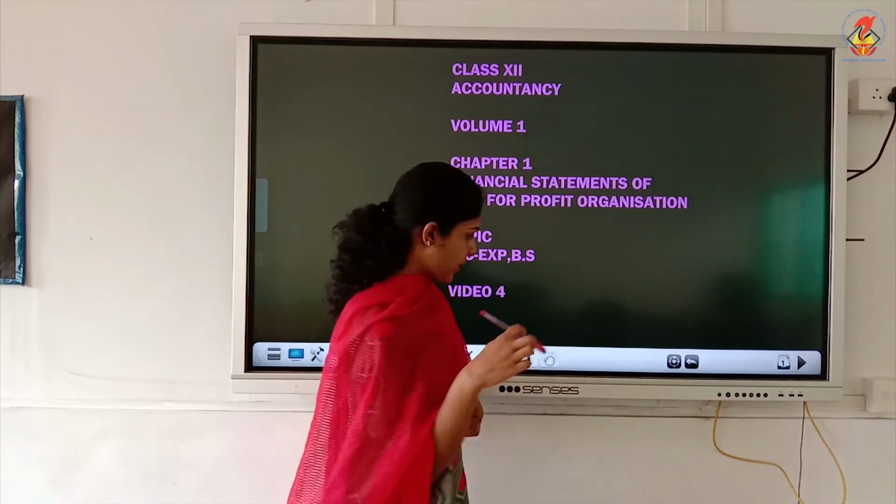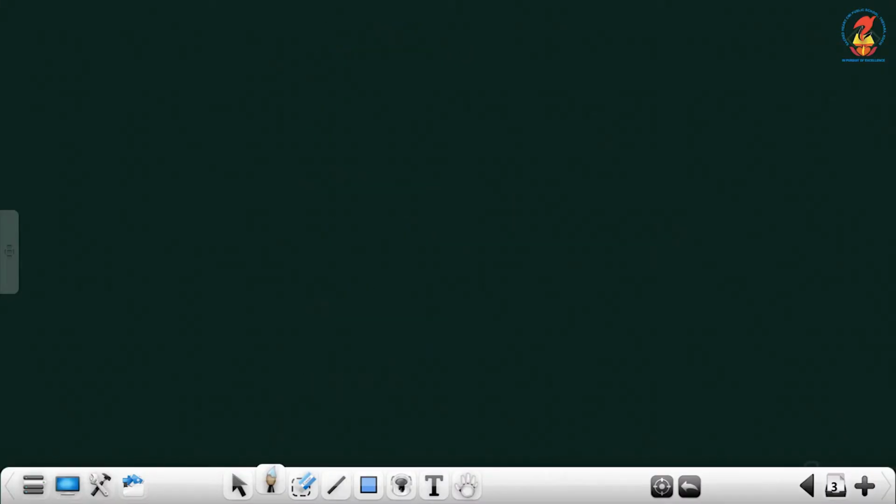So we will start the question. You give the heading and draw the format. This is illustration number 28.